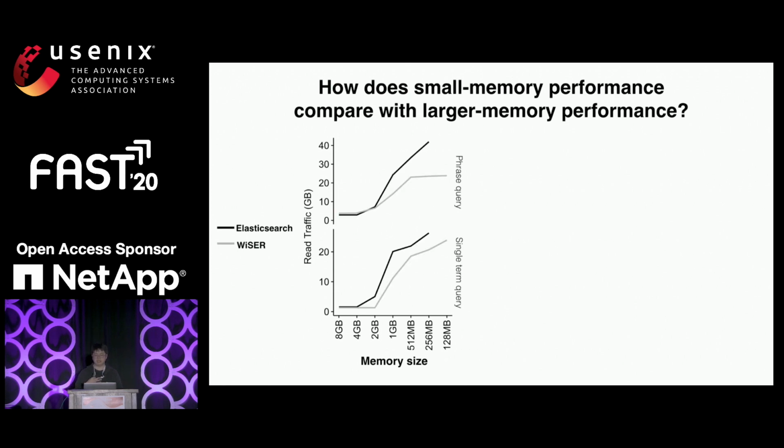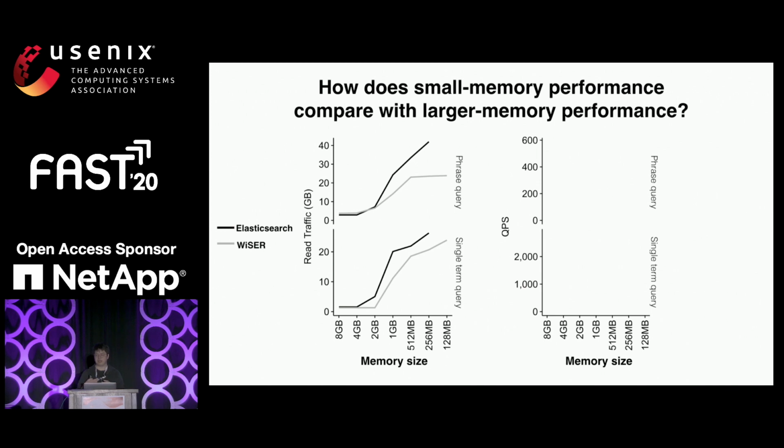As you can see here, the read traffic goes up really quickly when we reduce the memory size. That's because when your memory cannot hold the working set size, you immediately start to read data as needed from the SSD. But WiSER in this case grows slower than Elasticsearch.